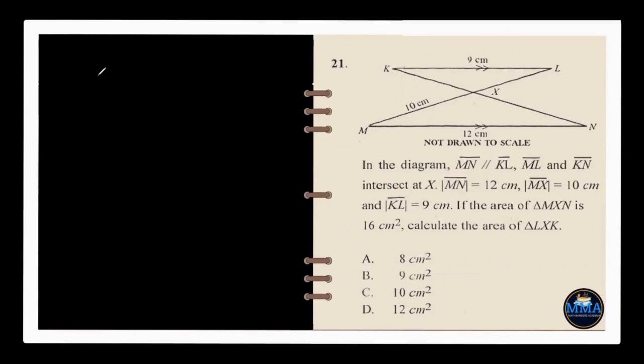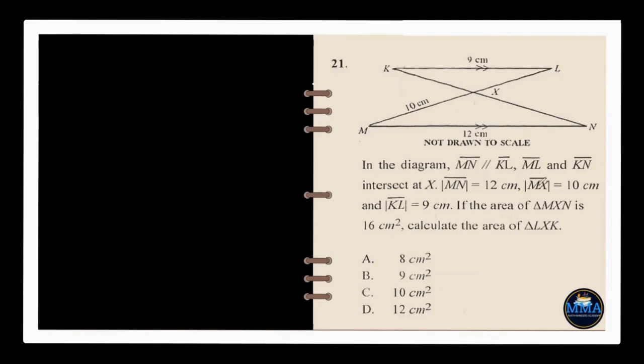They said in the diagram, the line segment MN, that is this line segment here, is parallel to KL, which we can see, and then the line segments ML and KN intersect at S. So this middle point here. The length of the line segment MN is 12 centimeters. This length is 12 centimeters.